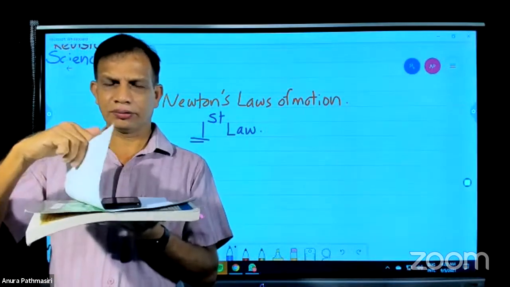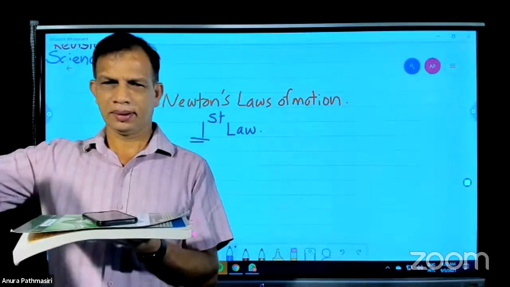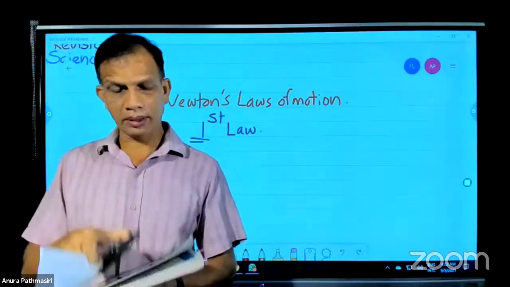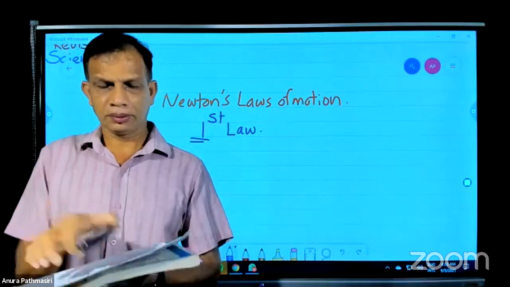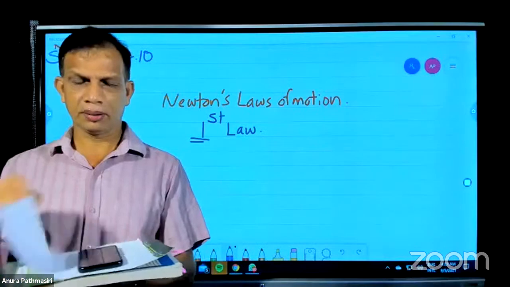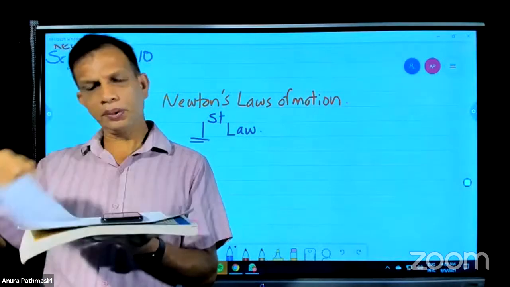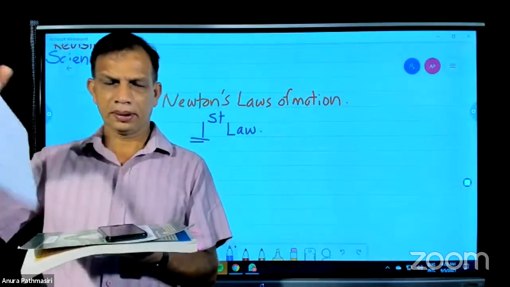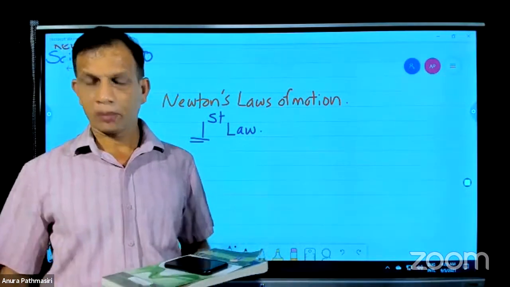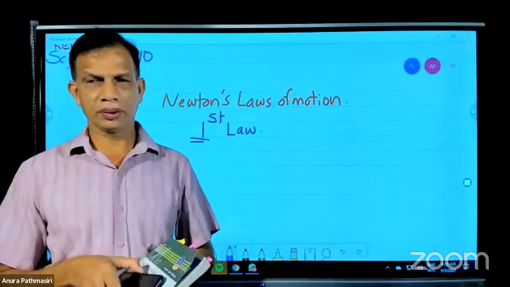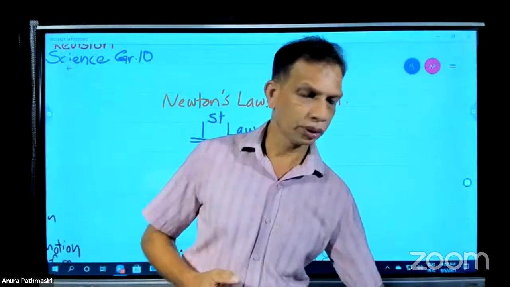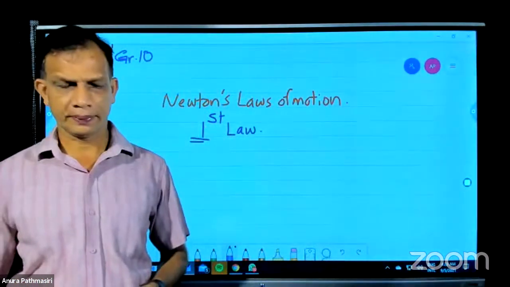I'm going to pull this off. What will happen? The phone is there and the paper came out. This is not magic. I'm going to explain the scientific phenomena behind this one. If I pull the paper, the phone will remain there and the paper comes out. Why is that? Because this is the first law of motion.